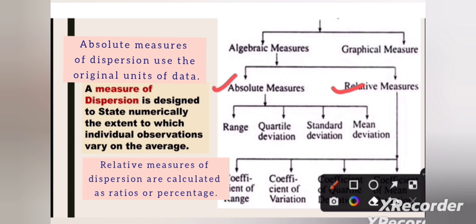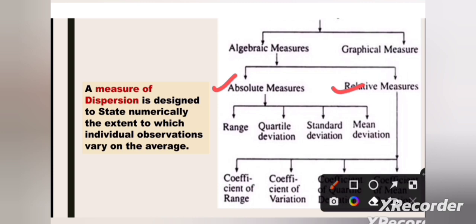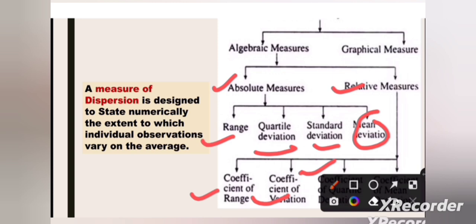The absolute measures of dispersion include range, quartile deviation, standard deviation and mean deviation, whereas the relative measures of dispersion include coefficient of range, coefficient of variation, coefficient of quartile deviation and the coefficient of mean deviation.